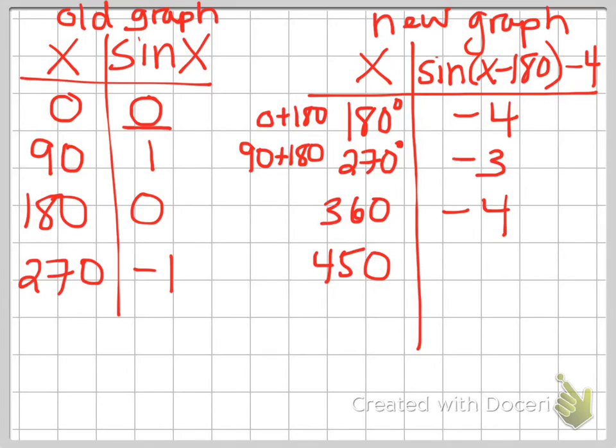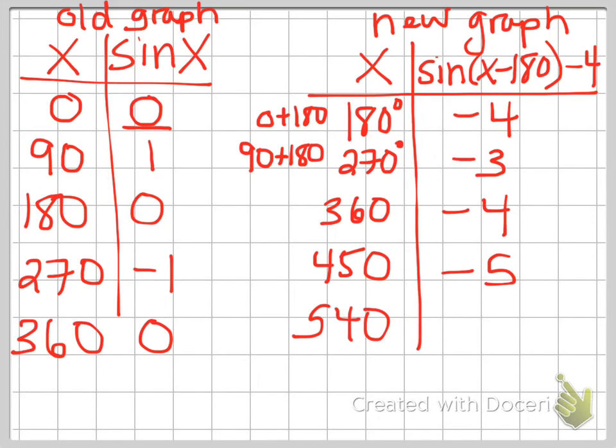Negative 1 subtract 4 is negative 5. And 360, finally, 360 plus 180 is 540, and this should be a 0. 0 subtract 4 is negative 4.